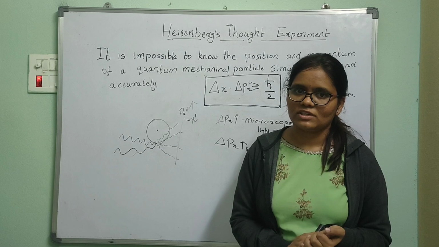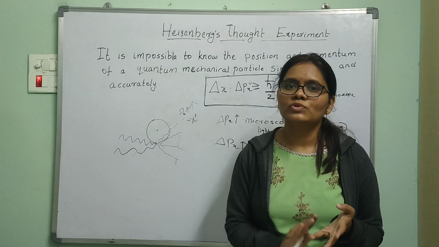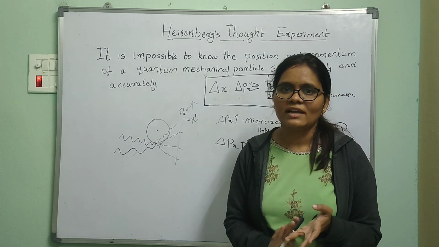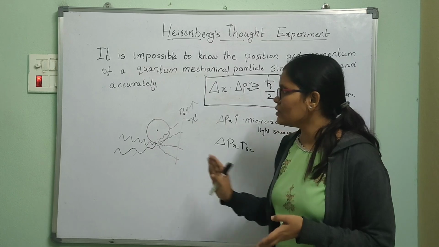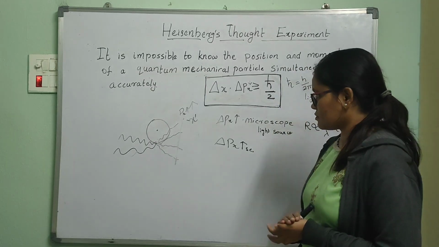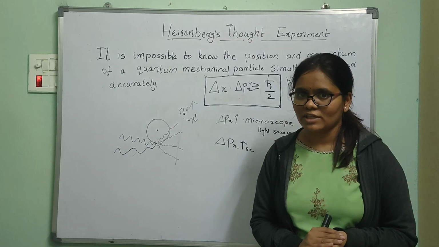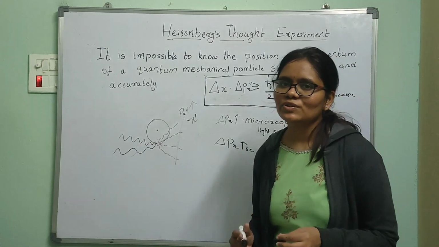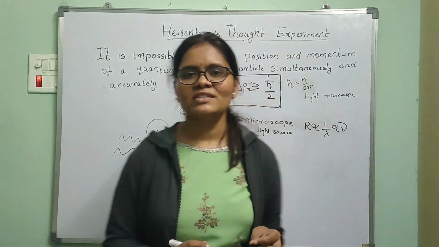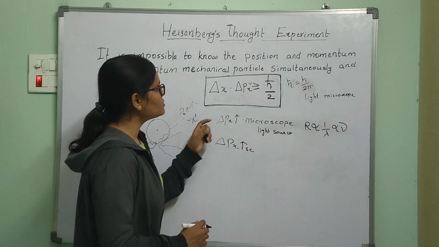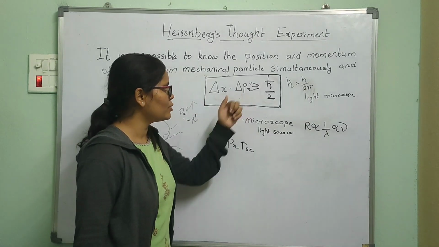Or the position of the electron. So you cannot measure both the things simultaneously and accurately. So this is how he justified his uncertainty principle using a thought experiment. So you always have to compromise or trade off between the precision of position and momentum.